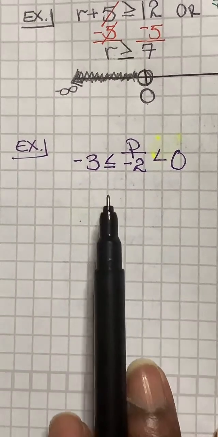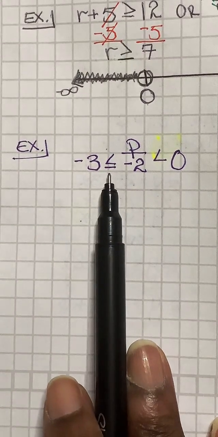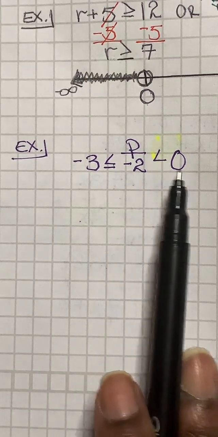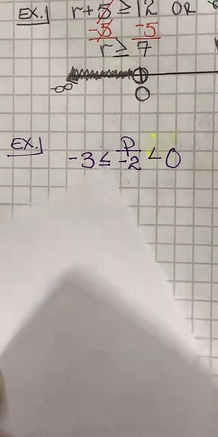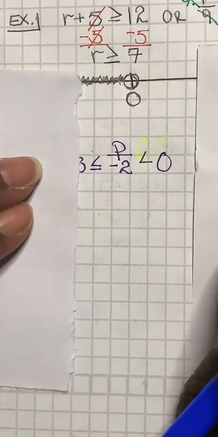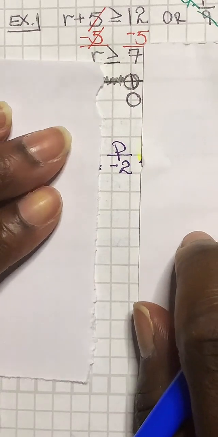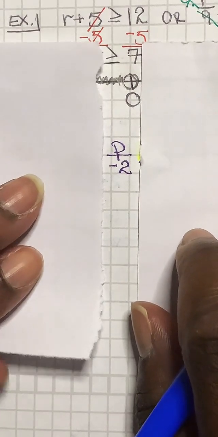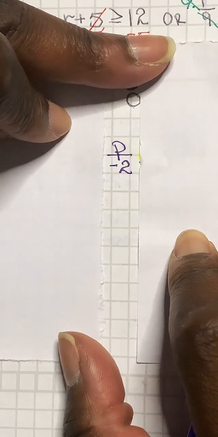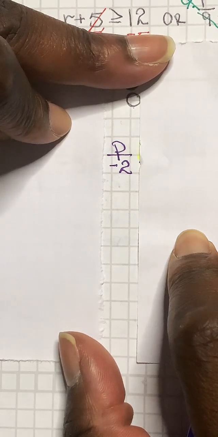So here we go. Like I said, we have -3 less than or equal to p over -2 less than 0. As we mentioned, this is a compound inequality. We want to work from the inside out. So what do we have to do to get p by itself?